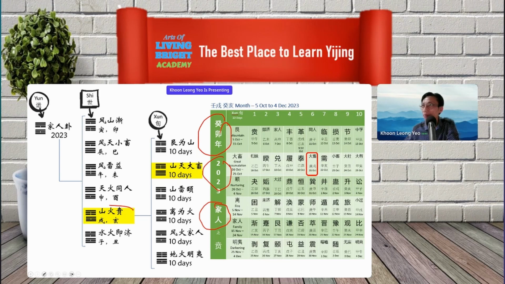Followed by the 比卦 here, which is the 四卦. Once we know the 四, we locate it on the circular diagram, and that will form day number 1 of the 60-day cycle.